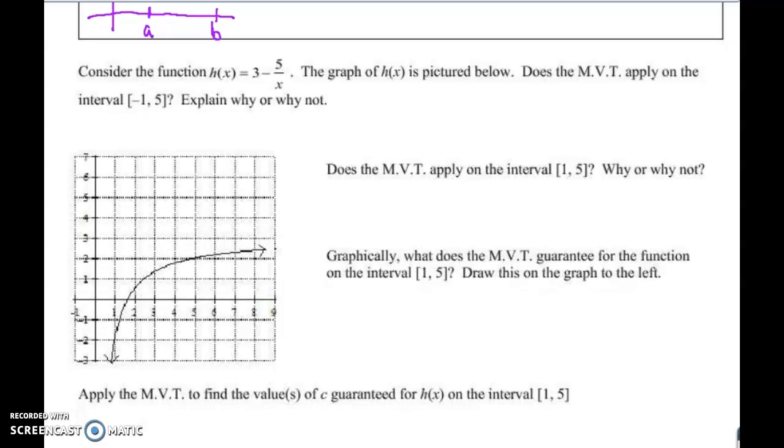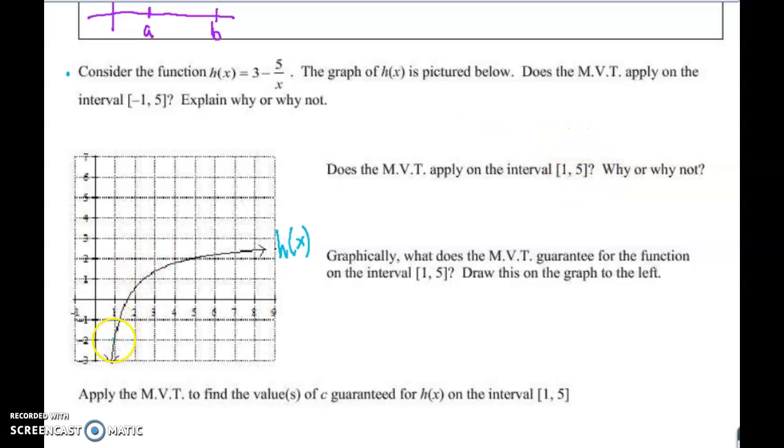So in a problem like this, you check the answer key on that one. So what about, all right, we're still looking at this problem. This is the graph of H, by the way. Would the mean value theorem apply from 1 to 5?